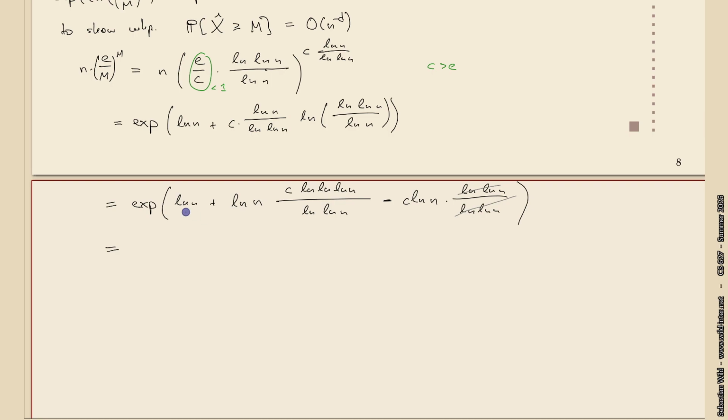So we have this log and this minus c. Those combine. Where would the factor 2 come from?